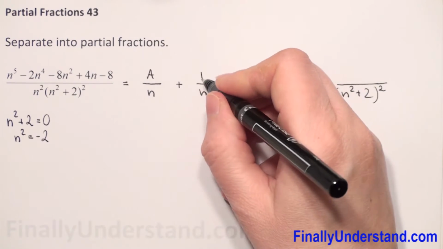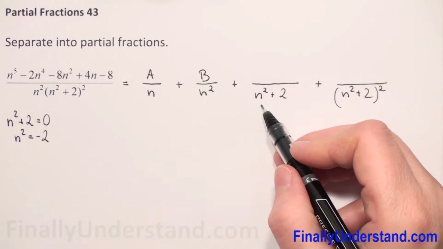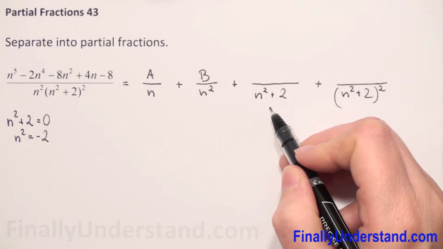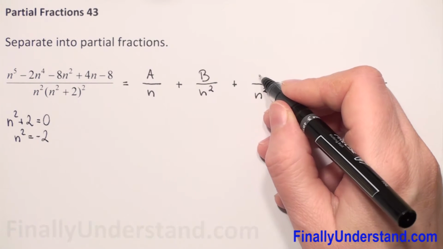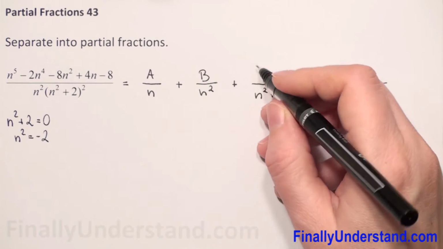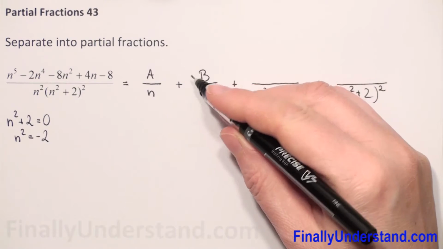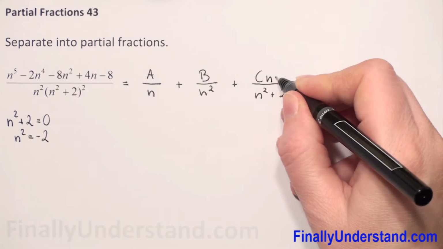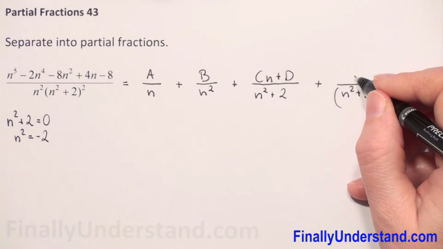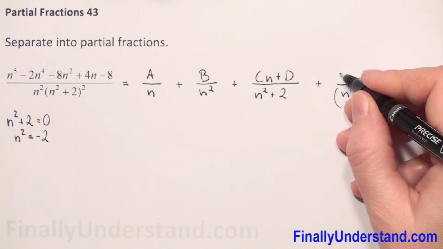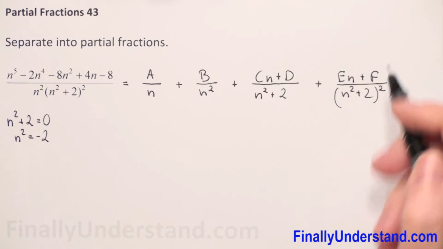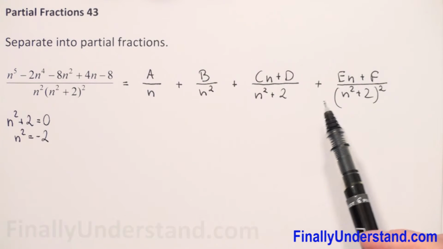So we have A, and the next will be B. Next we have n squared plus 2, a quadratic factor, so in the numerator we need a power 1 less, a linear expression. So now it will be Cn plus D, and again it's squared, so we need a linear expression, En plus F. We need to find constants A, B, C, D, E, F.